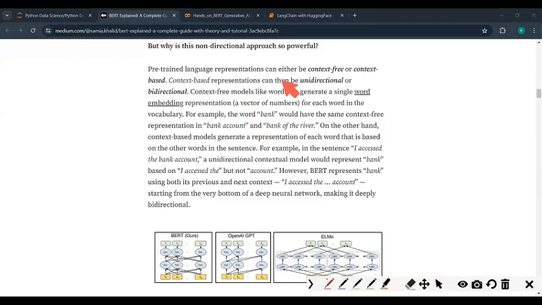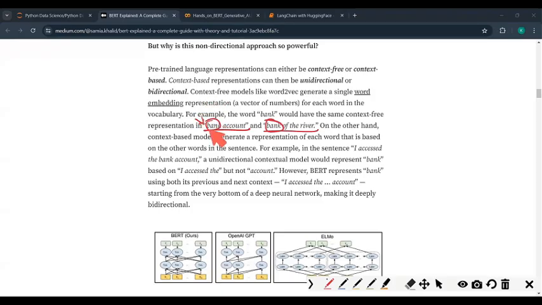Understood? Context free means what? Suppose bank account is written and bank of the river. In both statements, the word bank is coming. Context free says that you don't look at the surrounding words. You just look at the word bank and say, what does that mean?